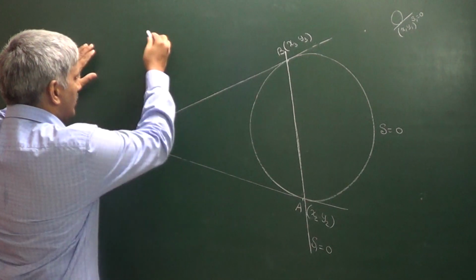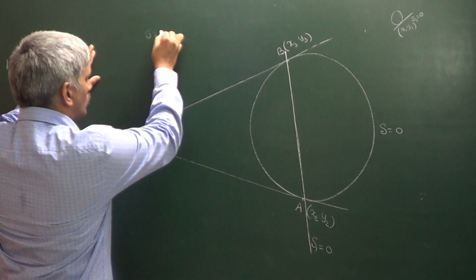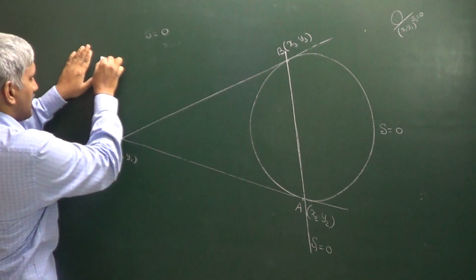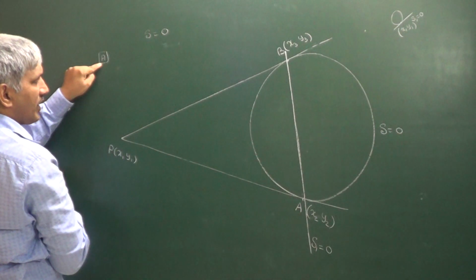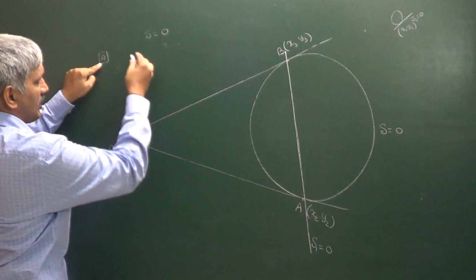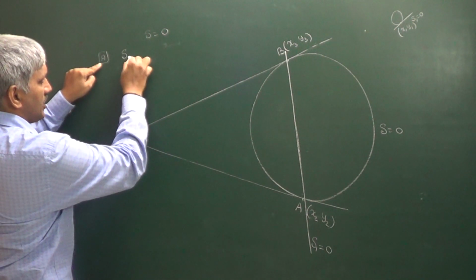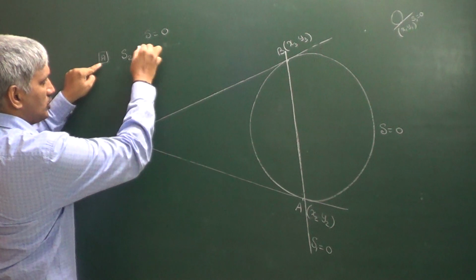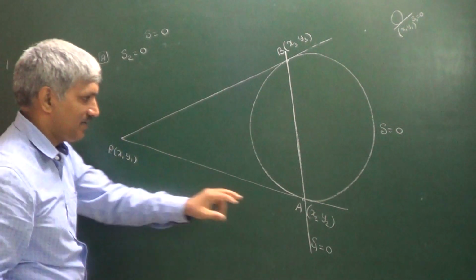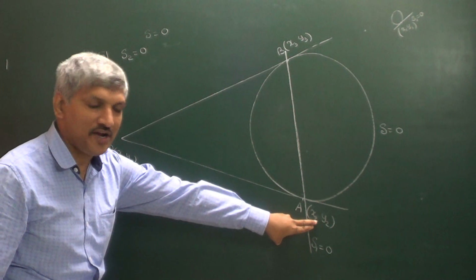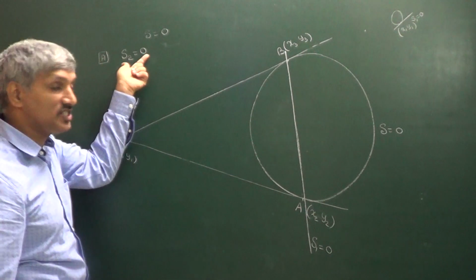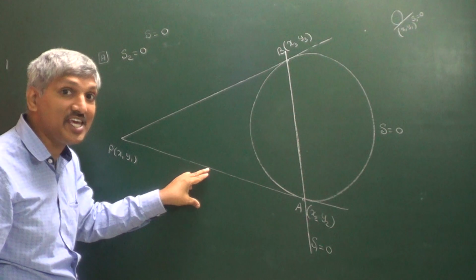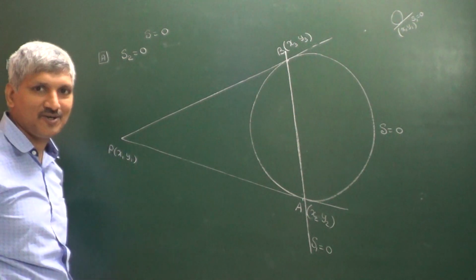Now if the circle equation is S equal to 0, tell me, at the point A, what is the equation of the tangent? At the point A, the equation of the tangent is S2 equal to 0, the tangent drawn at the point (x2, y2).